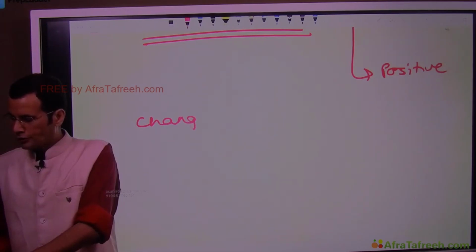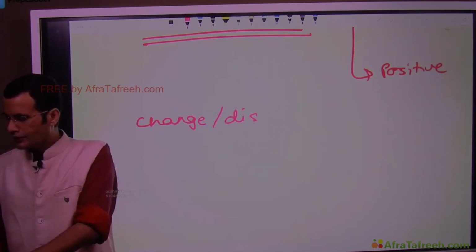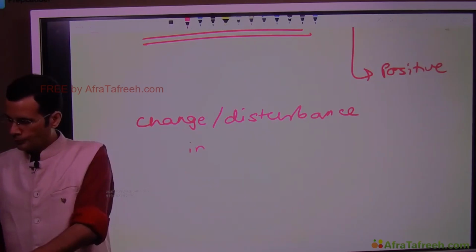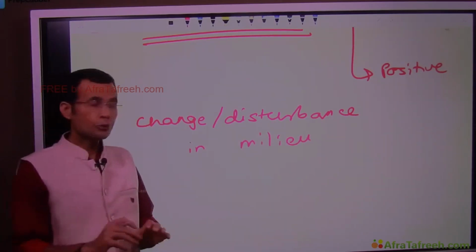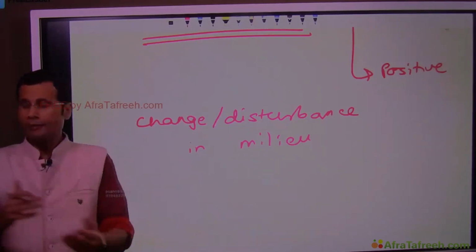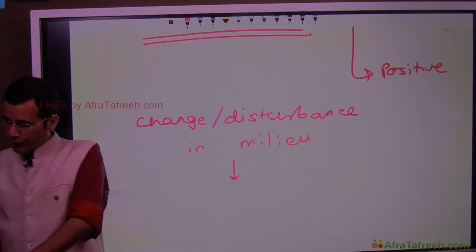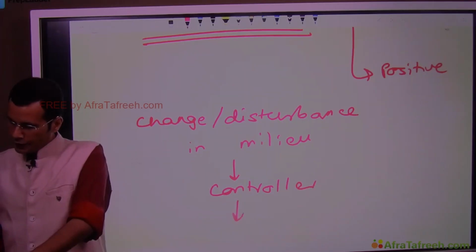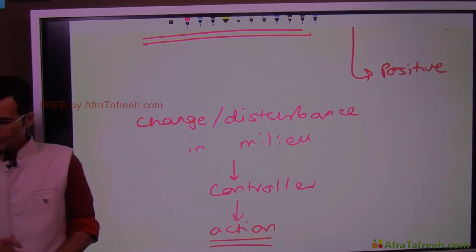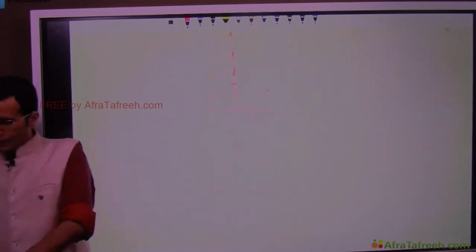Change occurs, or let's say disturbance occurs in the milieu, in the control variable. The control variable is changed. In fact, it is fed back to the controller, and then the controller takes the desired action. So this is called feedback.